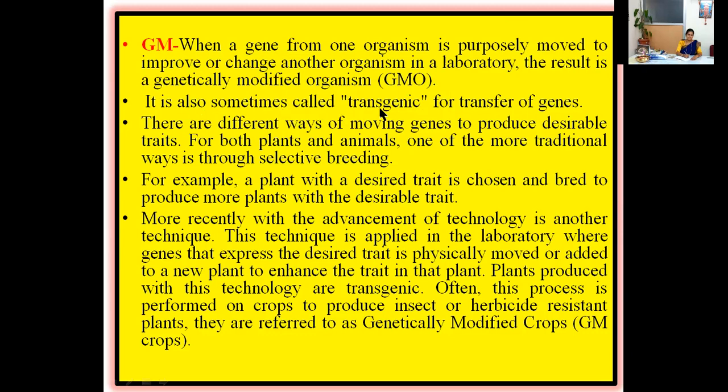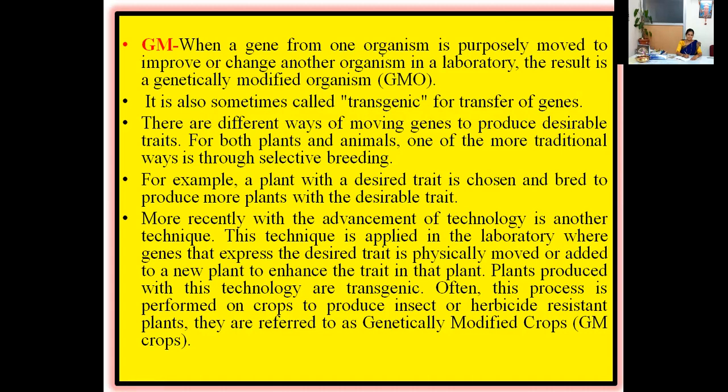It is also sometimes called transgenic. Why transgenic? Because we have purposely introduced some other gene into that organism, so transgenesis will happen in that organism. It is also sometimes called transgenics for the transfer of genes.